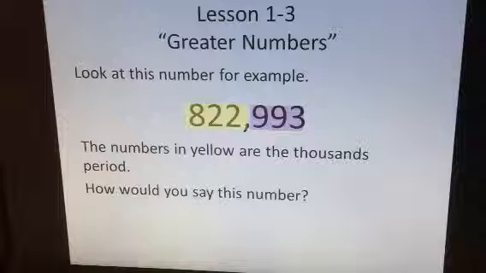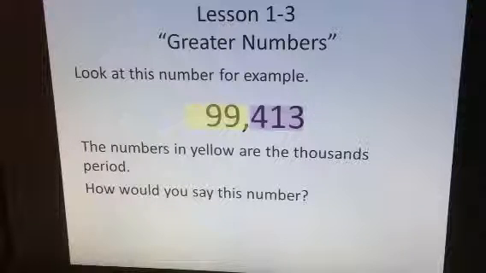Look at this number, for example. The numbers in yellow are the thousands period. How would you say this number? And here it is a little different because there's not 3 numbers in the thousands period.